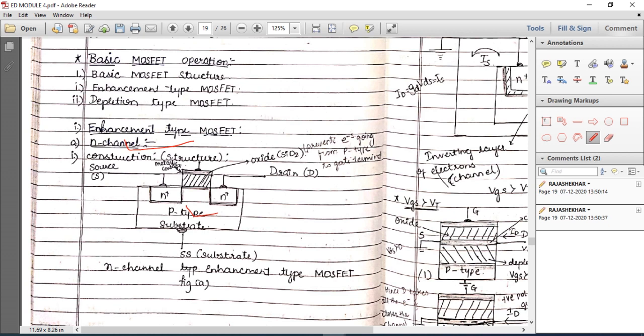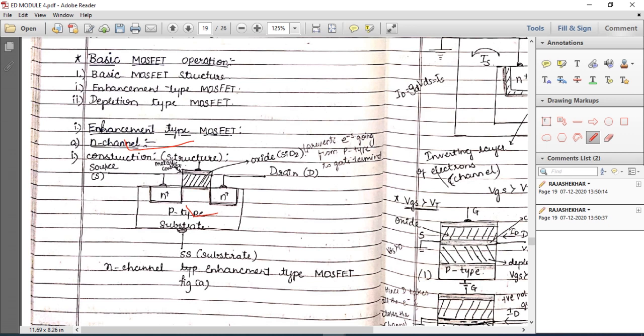Now in the p-type material, the majority charge carriers are holes and the minority charge carriers are electrons, whereas in the N plus region the majority charge carriers are electrons and the minority charge carriers are holes. Once we dope two N plus regions, these two N plus regions are connected to two terminals.